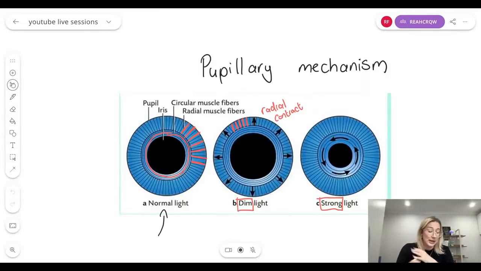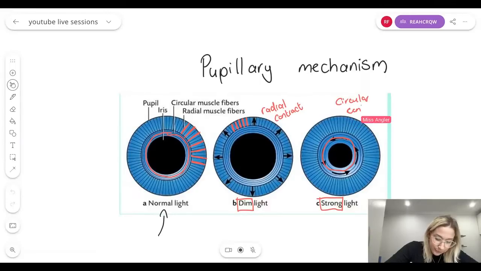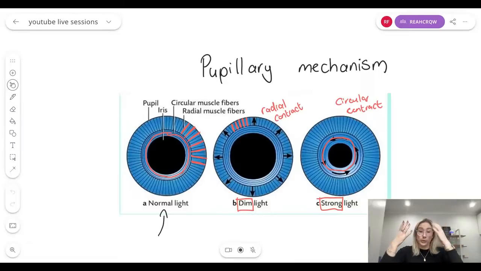It's going to damage the eye. So now the circular muscles contract and the radial muscles relax. And that's what allows the pupil to either get bigger or smaller. One is contracting and the other is relaxing.